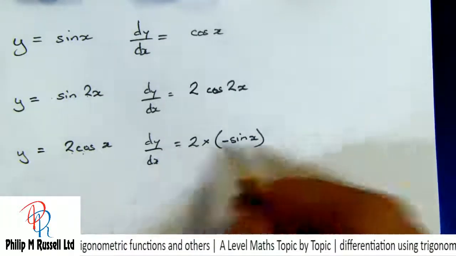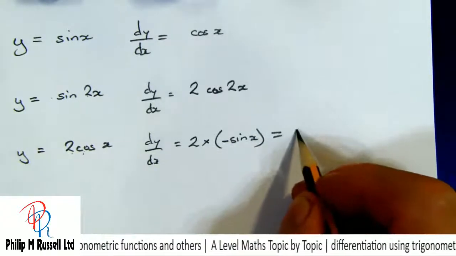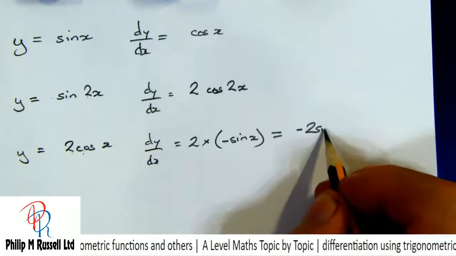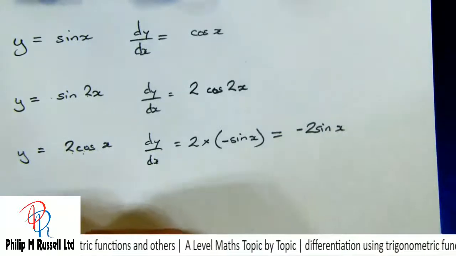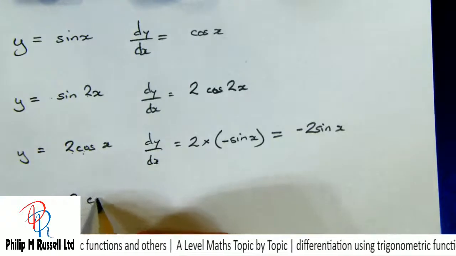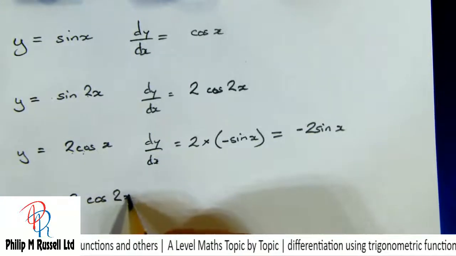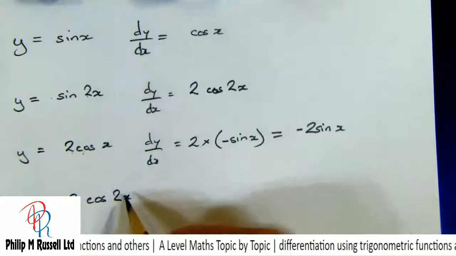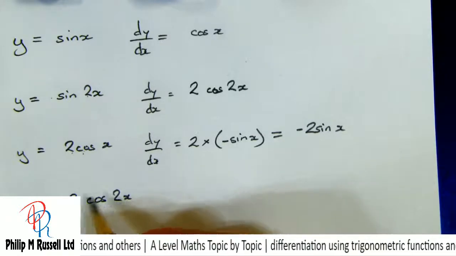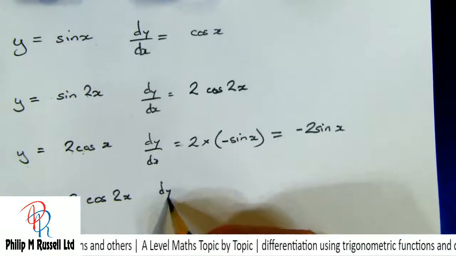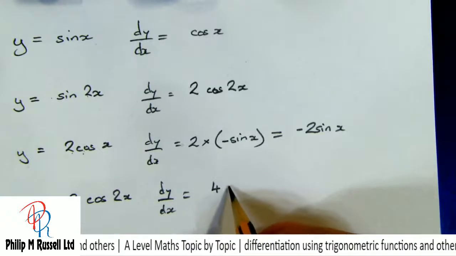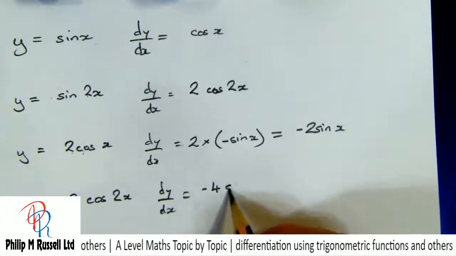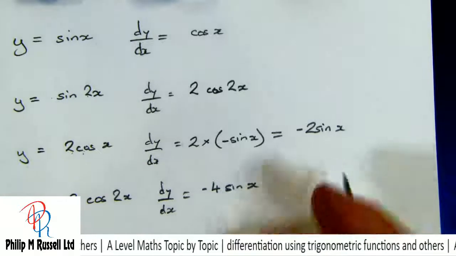So that's simply going to give us minus 2 sine x. Putting both of those together, if I've got 2 cos 2x, then we would bring this number to the front, so that's going to give me 4 times minus sine 2x, so minus 4 sine 2x.